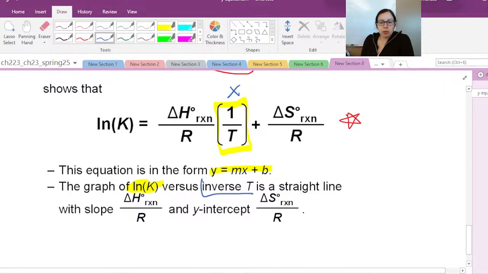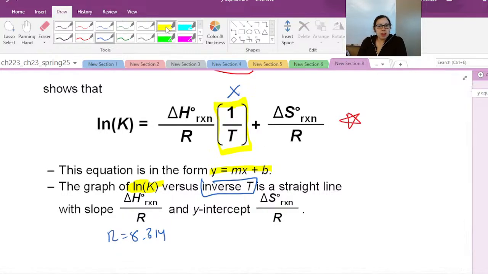So that's why you do inverse T. This should give you a straight line, and our slope is going to be our change in enthalpy over R. So you could just multiply your slope by R, still 8.314, and then you get your enthalpy. And your y-intercept would be equal to your change in entropy over R. Again, same thing, multiply.